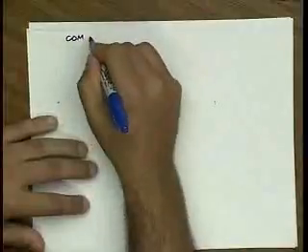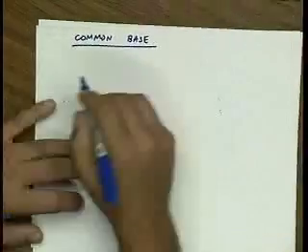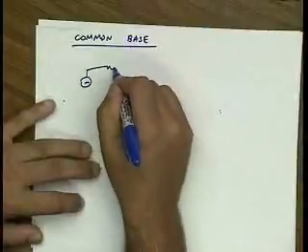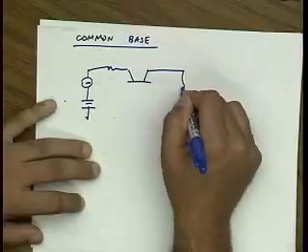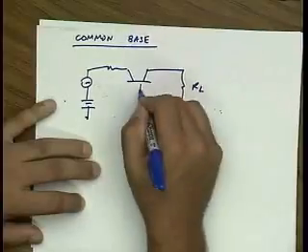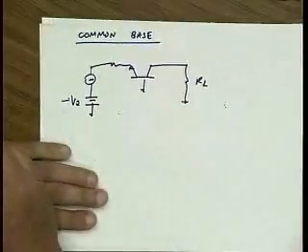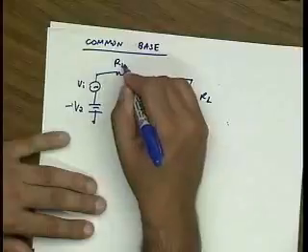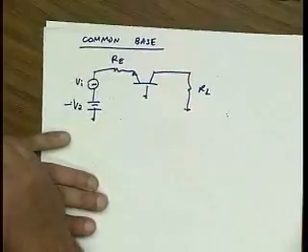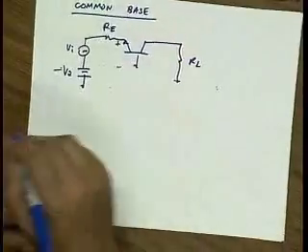All right, how about common base amplifier? Well, common base amplifier, let me just assume I bias at negative here, so I can ground the base. This is RE and this is RL. This is the input voltage.